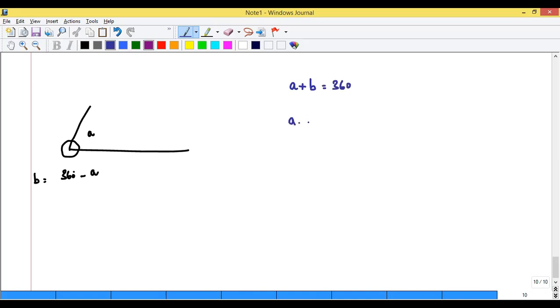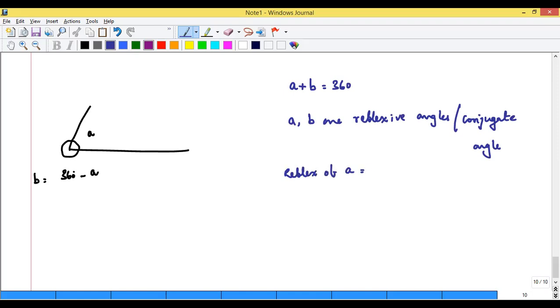You call A, B reflexive angles, or you can also call them conjugate angles. What is the reflex of A? It is 360 minus A, or else you can say B, when A plus B is equal to 360.